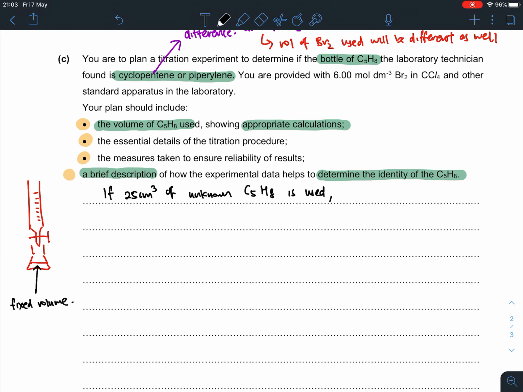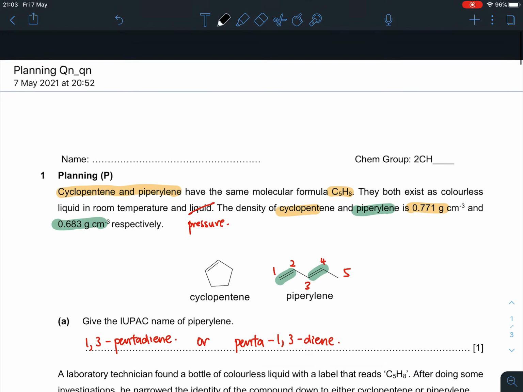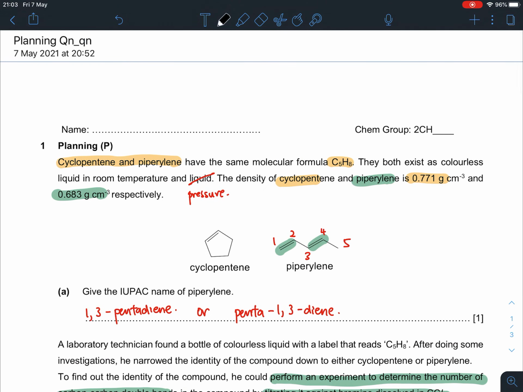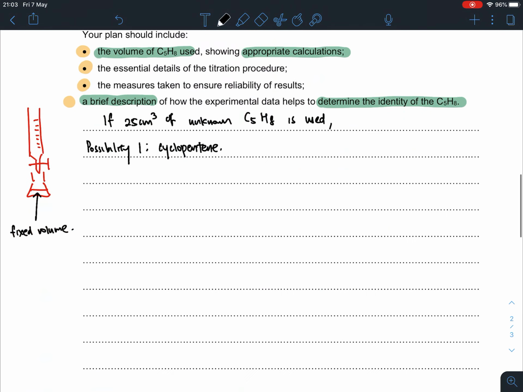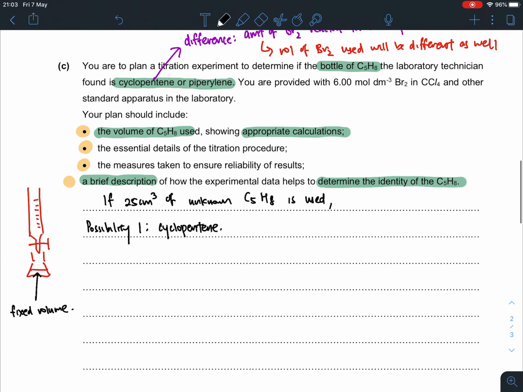the first possibility is that it would be cyclopentene. Okay, and what it means is that I have to make use of some data to do some form of calculation, and what I would see is that I've got the density of cyclopentene, which is 0.771, which is something that I can do some calculation with.